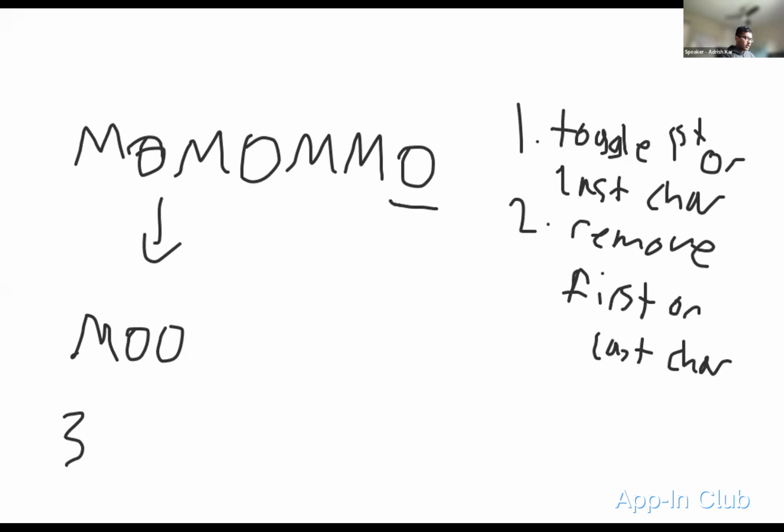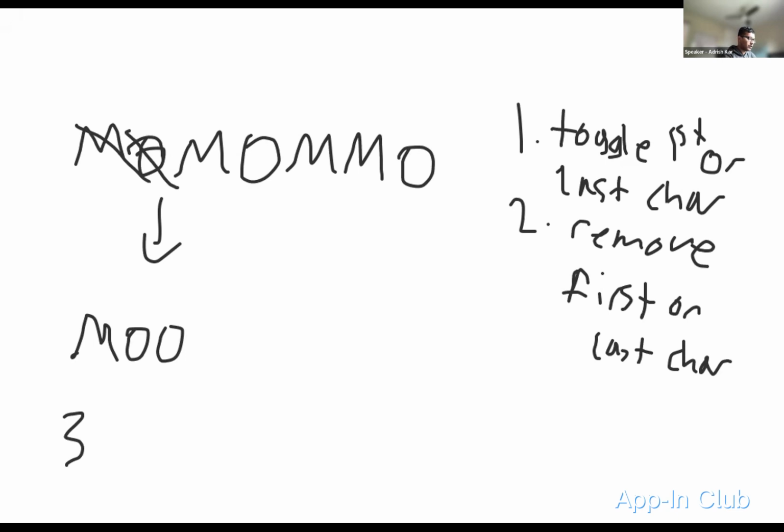Another observation that follows from that is that if you want to remove the first or last character, or any character in general, you don't want to toggle it beforehand, because it doesn't make sense to toggle a character if you're going to remove it at the end anyway. For this sample test case, if we do this by hand, we can delete the first character repeatedly.